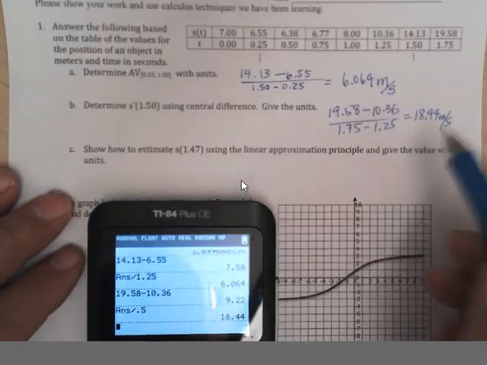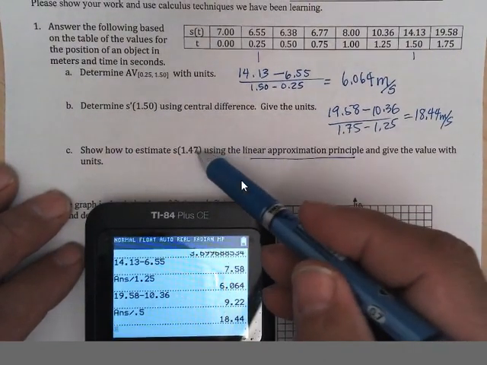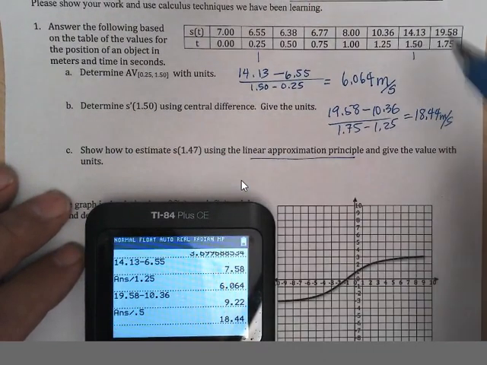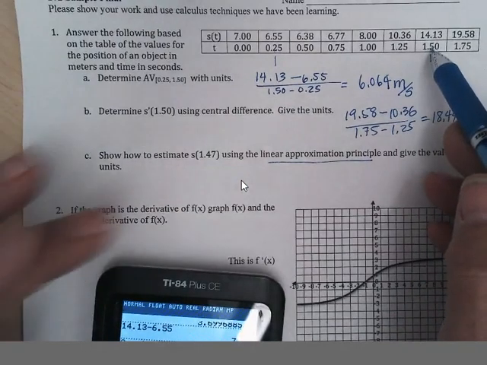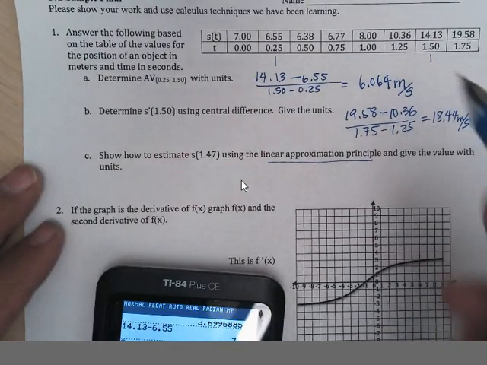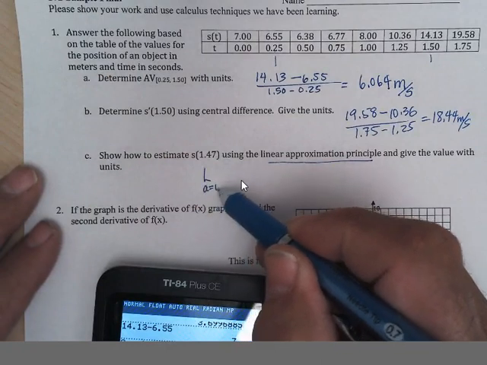Now I want to use a linear approximation to figure it out at 1.47, which means I'm going to write the equation for the tangent line at 1.5, which is close to 1.47. So that would be at a equal 1.5.